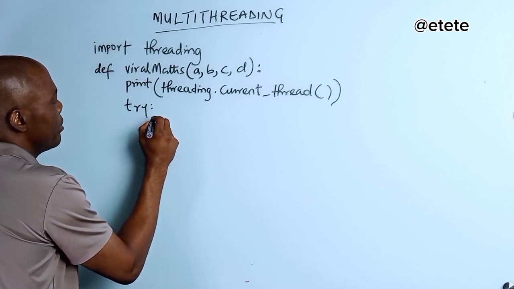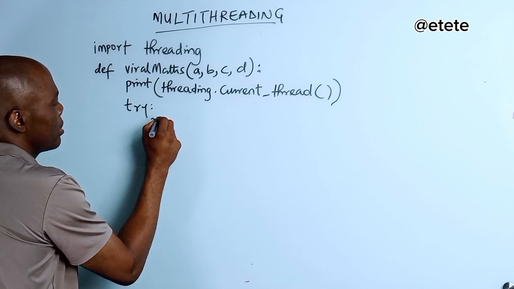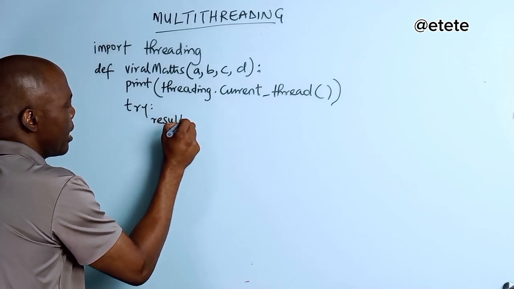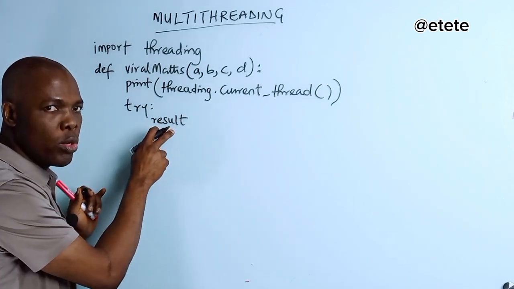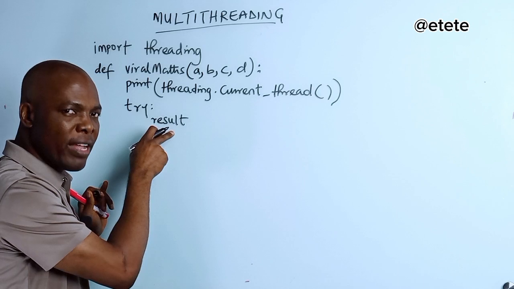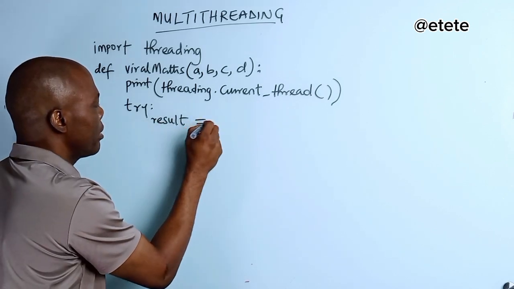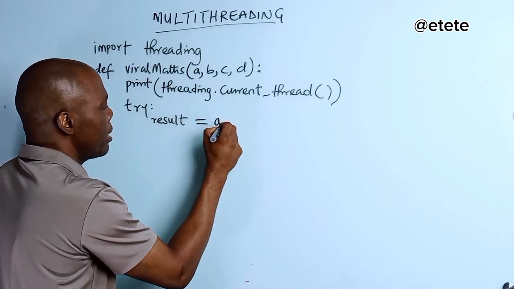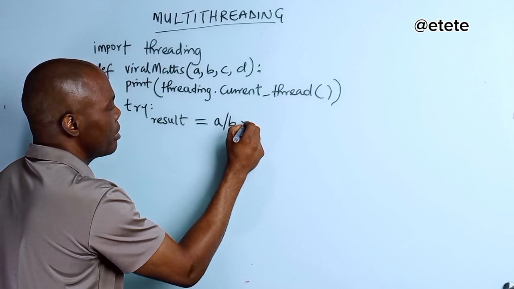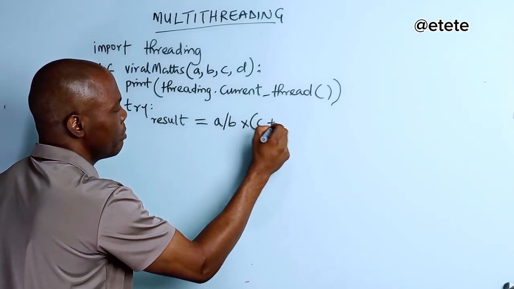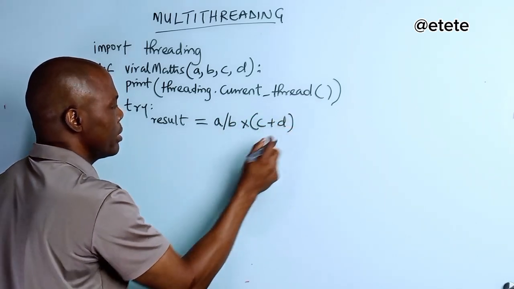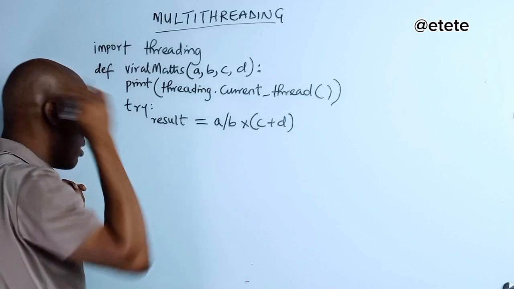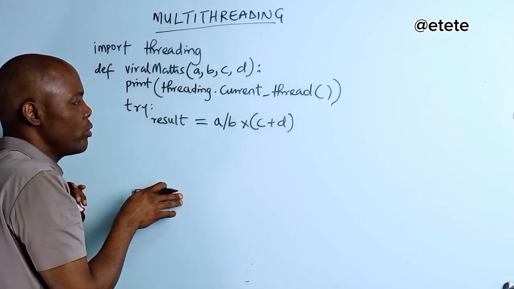I will say result, declaring a variable that will hold the value that will be returned. Result equals A divided by B multiplied by C plus D. This is the mathematics that we've been doing before.